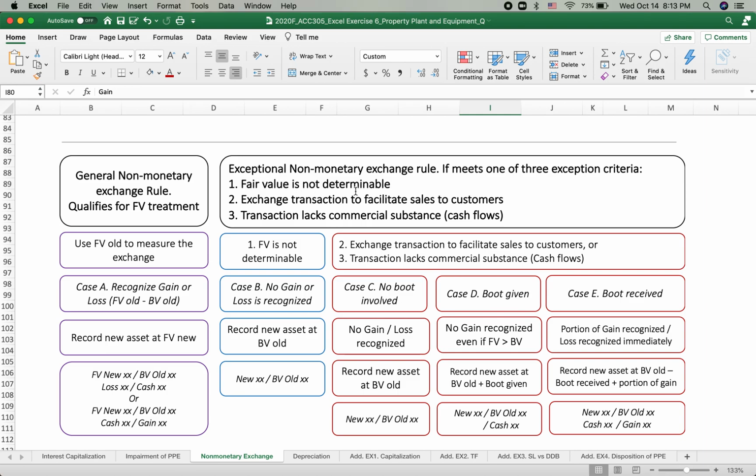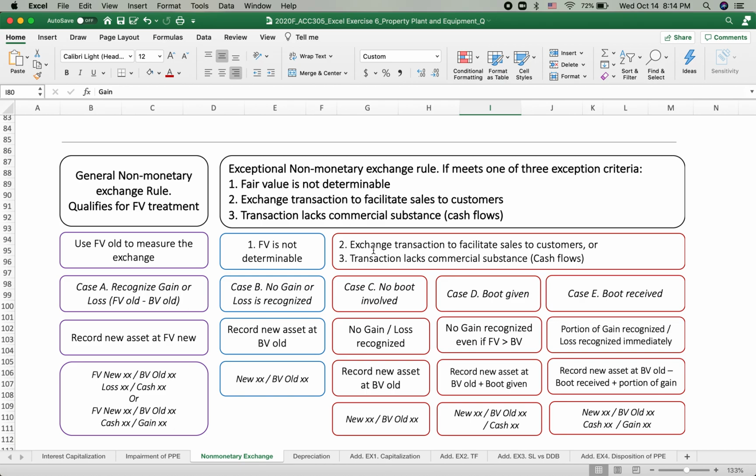The fair value is not determinable, or exchange transactions to facilitate sales to customers, and transactions lacking commercial substance, lack of the cash flows of the new asset or the old asset. In this exceptional case of the non-monetary exchanges, we don't trust the fair value.